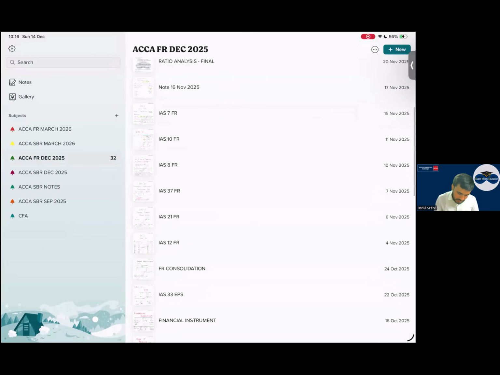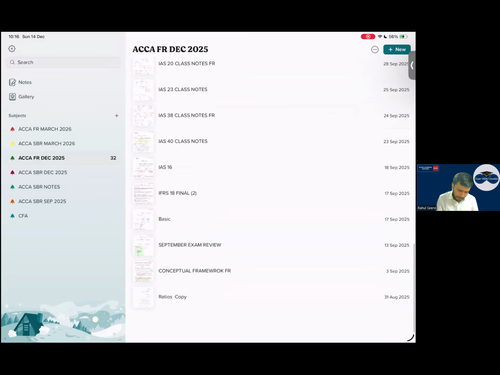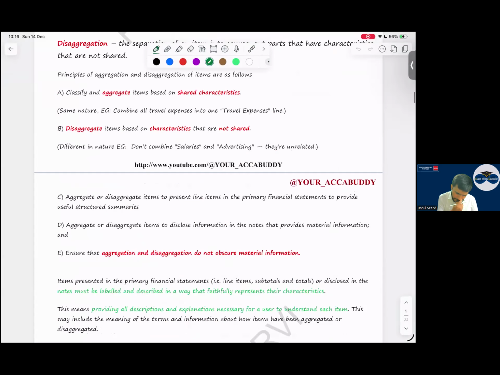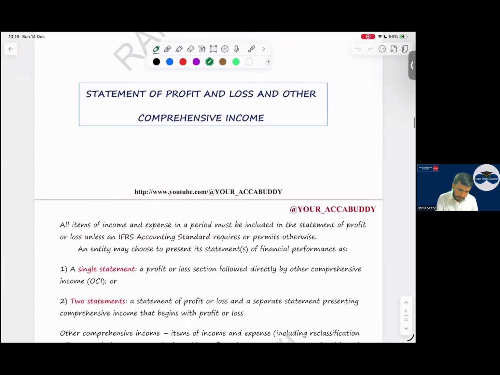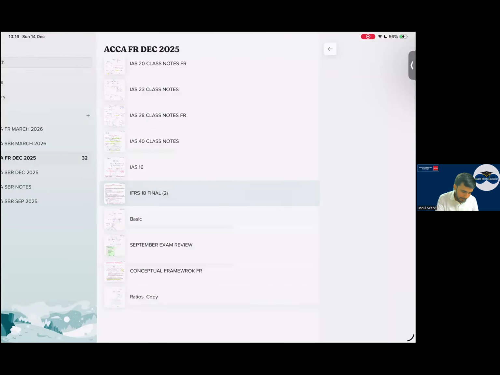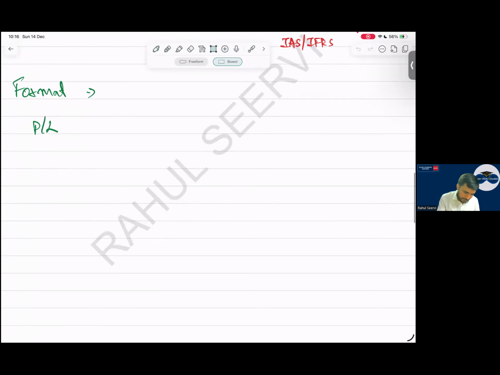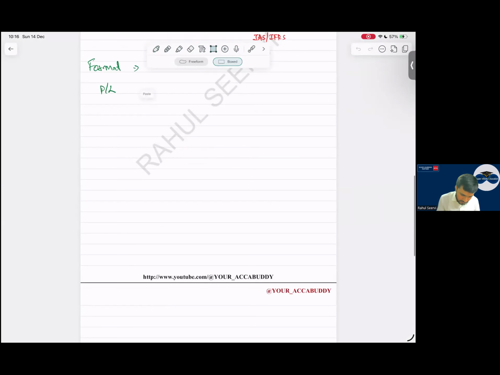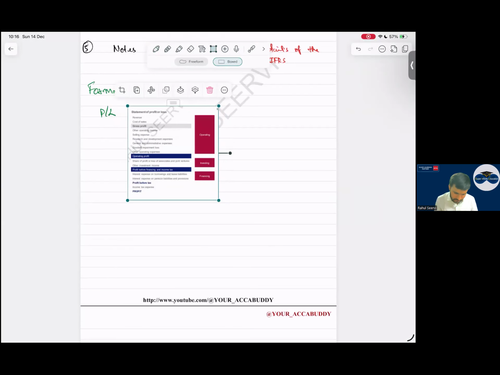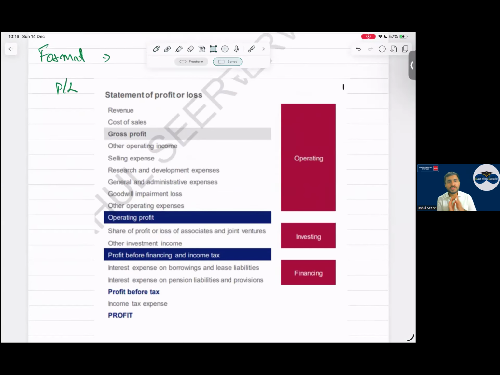Let me start with your P&L format. I hope you can see the format.